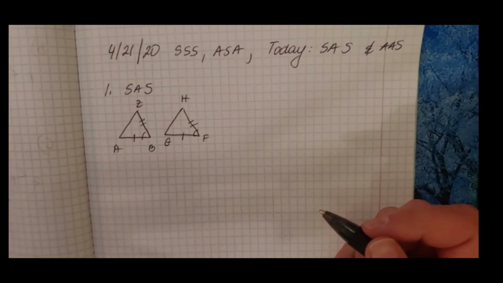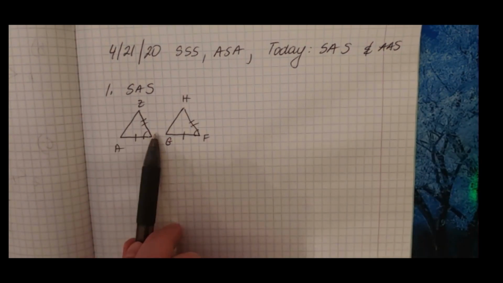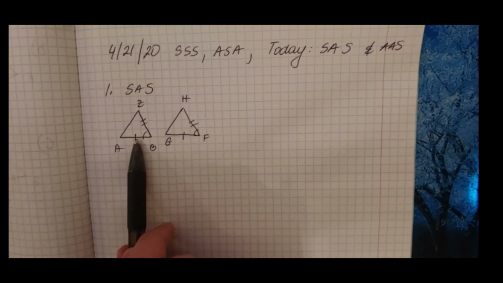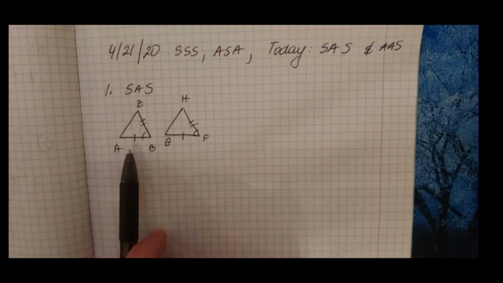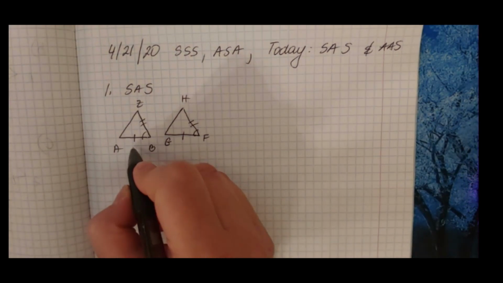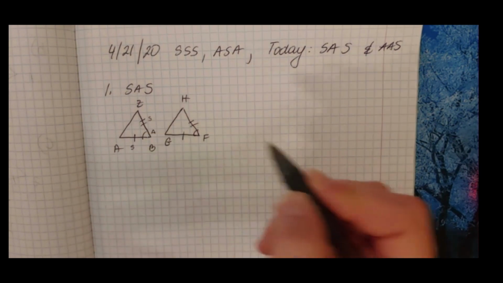So I'm looking at my picture and I see the side AB is congruent to GF, and then the next thing that is given to me right next to it, again, I wouldn't go this long way, not seeing anything marked. The next thing is angle. So what do they mark? They mark side for me, they mark angle for me, and they mark another side.